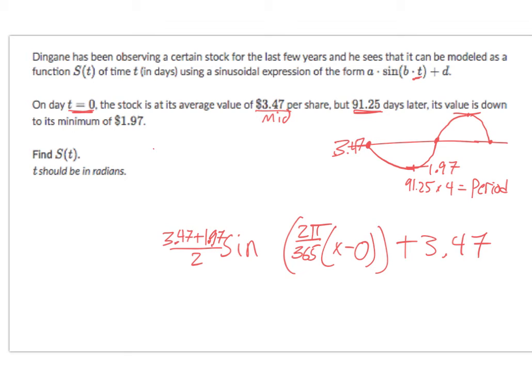Whew. So instead, I just care about how far this is from 3.47, not 3.97, but 1.97. So that's going to be somewhere on the order of 1.5. Yeah, it's exactly 1.5. Yay!